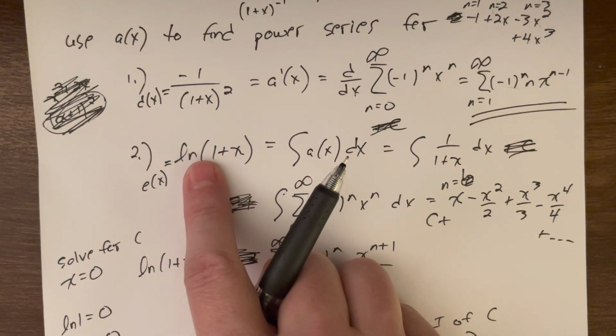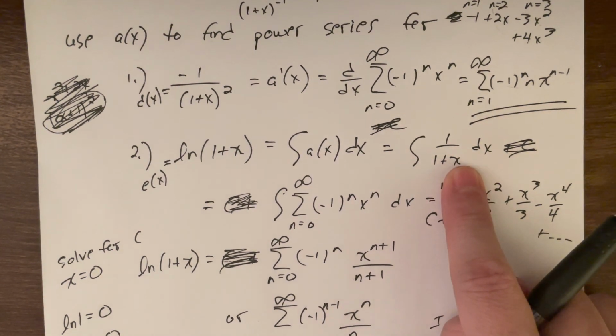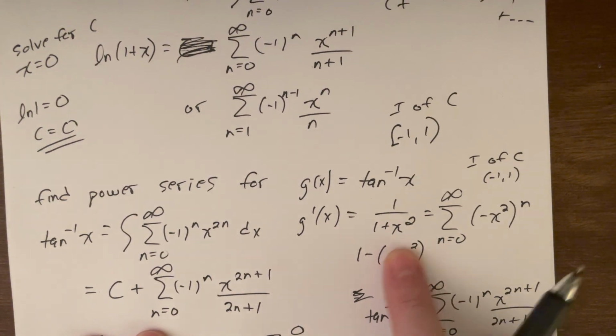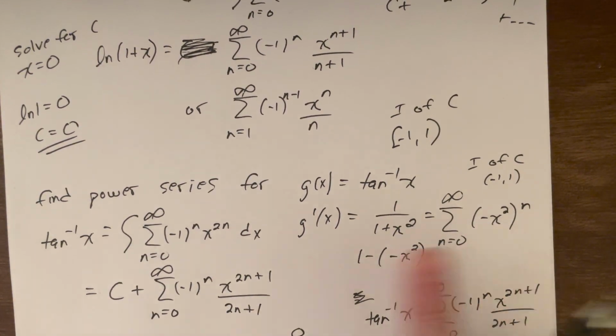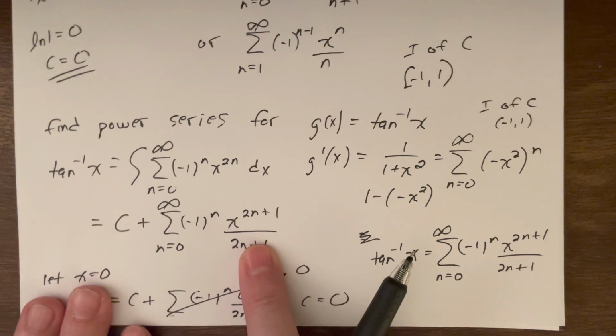Again, the derivative of this gives me this, so the antiderivative will give me the power series for this. The derivative of this gives me this nice geometric series form.